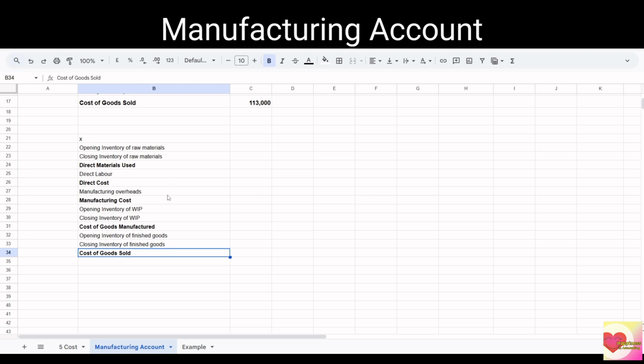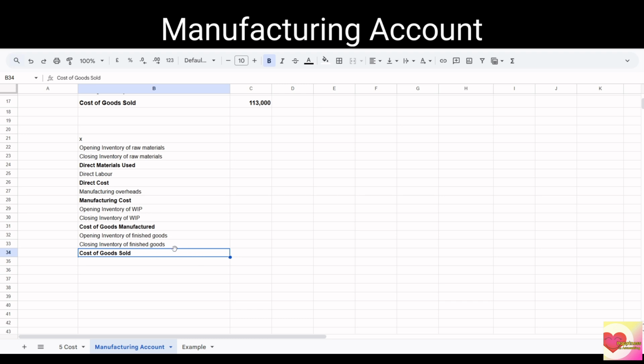So we can see we have three kinds of inventory, which is in the first and the last two stages, the opening and closing inventory of raw materials, WIP, and finished goods. Of course, the very first is the raw materials, then the WIP, and the last is the finished goods.